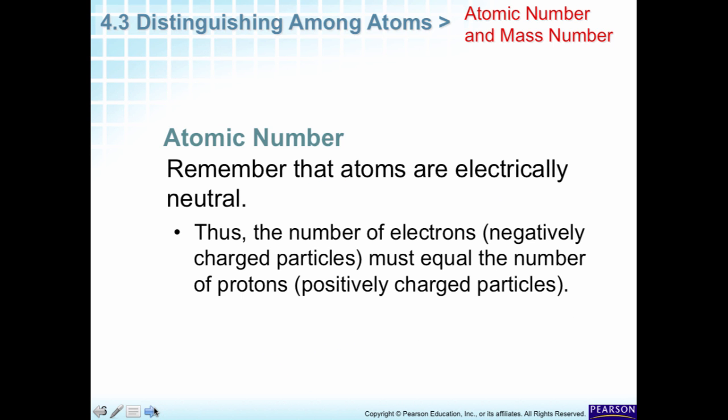So atomic number, as I said, always tells us that we have a neutral atom. So the number of electrons equals the number of protons, because electrons are negative and protons are positive.